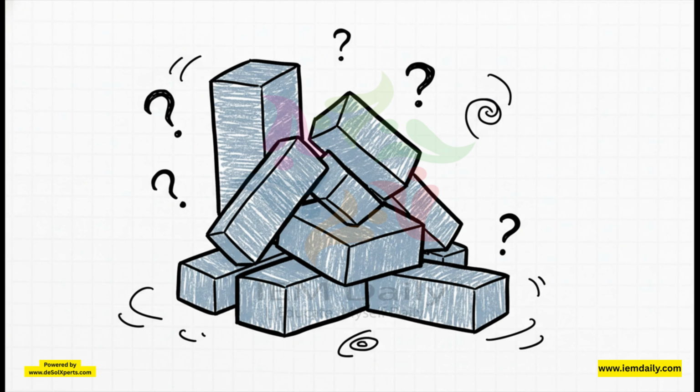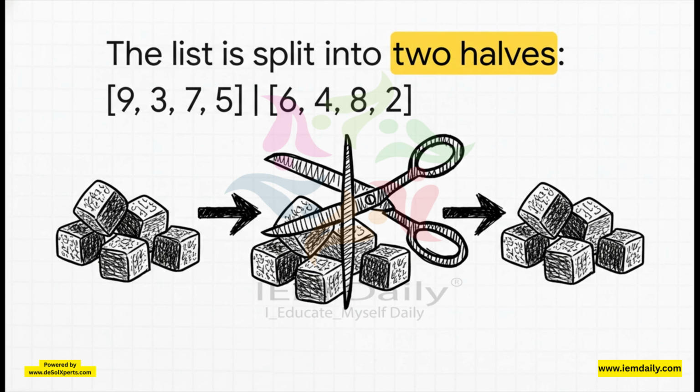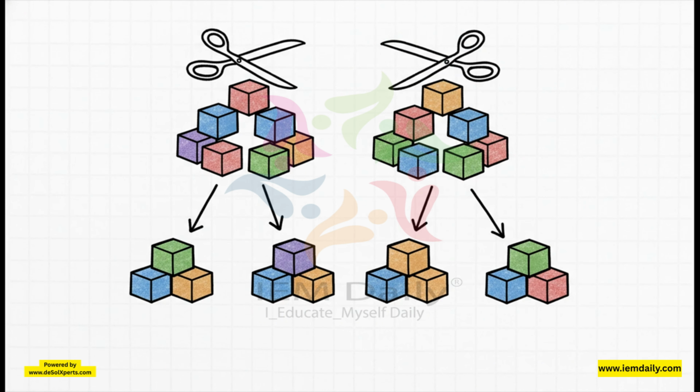It's a bit of a mess, right? Our job is to get these in order, from smallest to largest, and we're going to use our new strategy to do it. First move, super simple. Find the middle and split the list into 2 smaller lists. We haven't actually sorted anything yet, but we've already taken that one big problem and turned it into 2 smaller, less intimidating problems.